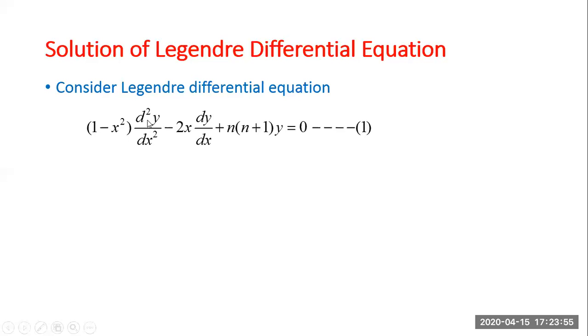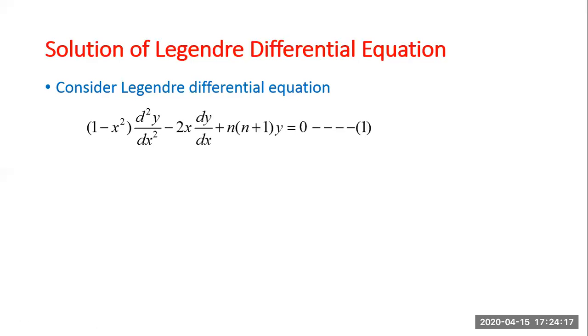If the coefficient of d square y by dx square, which is 1 minus x square in this case, is non-zero when I substitute x equal to 0, we call that point an ordinary point.